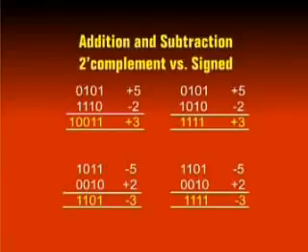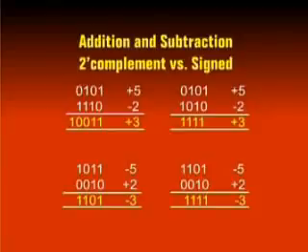Let's consider the fourth case. Minus 5 is being added to 2, or you are performing a subtraction operation. 5 is being subtracted from 2. The answer is minus 3. Now, minus 3 is represented in its signed magnitude form as 1, 0, 1, 1. But here the answer is 1, 1, 1, 1.